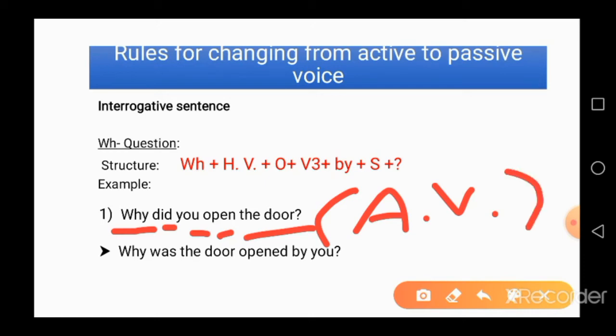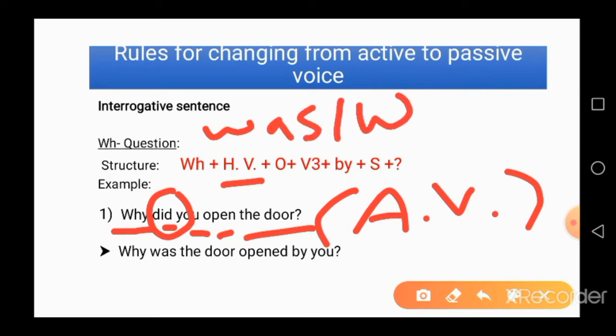So, while making passive voice of such sentence, we need to know the tense of the sentence, so we can use proper helping verb while changing into passive voice. Because of did, we know that this is a simple past tense. So, in the simple past tense, we take helping verb was or were. So, here we use was or were.